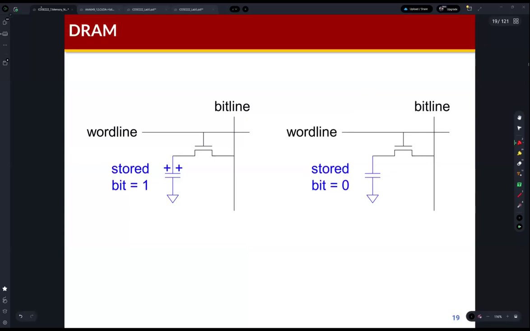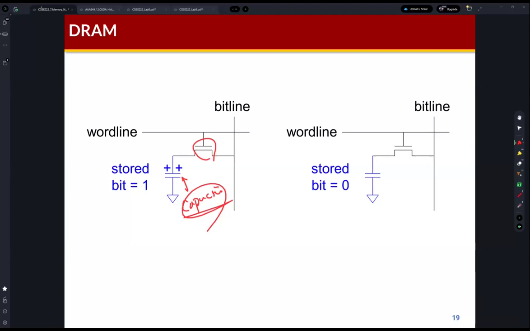And then how about the DRAM? The DRAM is different. This is the NMOS transistor, and the bit data of DRAM is stored in the capacitor. This is the capacitor. A capacitor is a passive device, right?